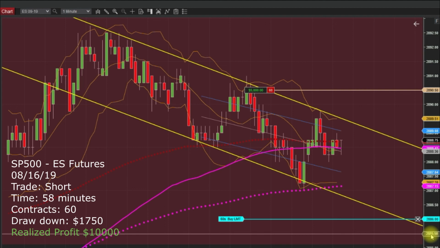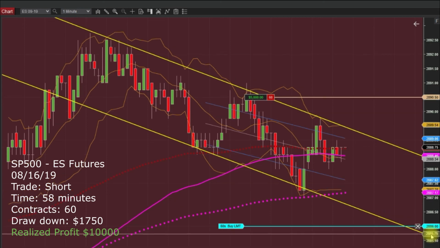All right, we're back, and you can see it's still holding here in between these two channel lines, turning into a much longer trade than we had hoped, but that's usually the case, as we've seen in just about all these trades.